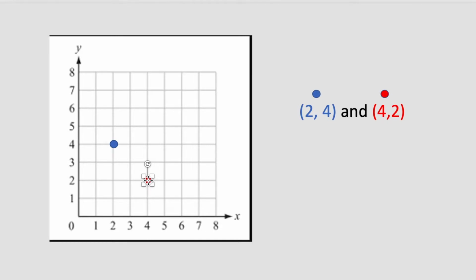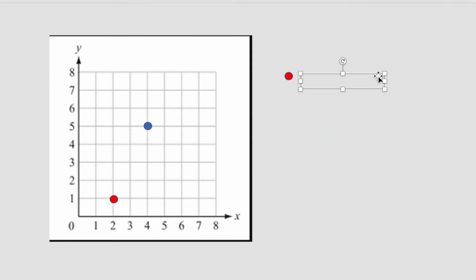So making sure that you are looking at that and remembering that, hopefully from last year. If I'm looking at this red dot here, right? I'm going to write this as coordinates.